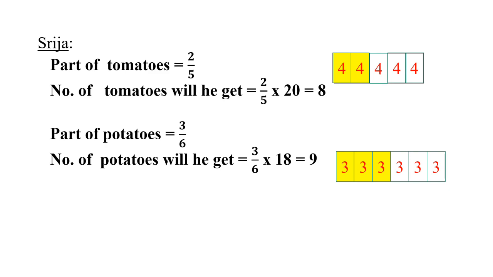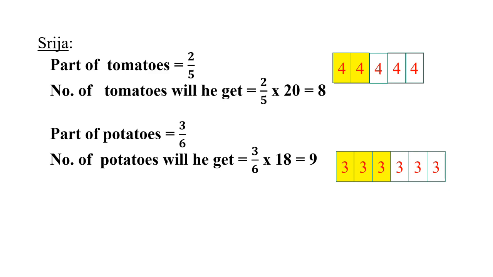Here you have 6 parts, so we divide 18 equally into 6 parts. 18 divided by 6, you will get 3, since 6 threes are 18. So, all the parts will have 3 in them. Now, how many parts are colored? Yes, 3. So, take all the 3 values. 3 plus 3 plus 3. 3 plus 3, 6. 6 plus 3, 9. So, your total potatoes is 9.